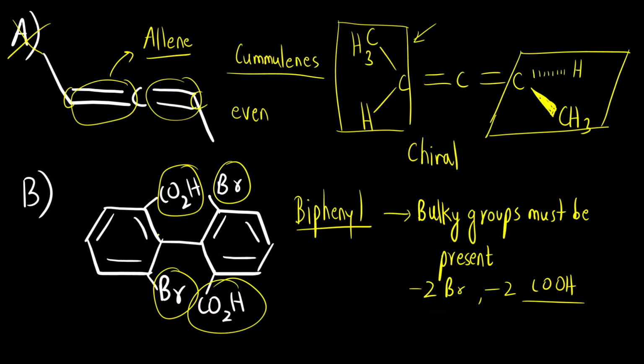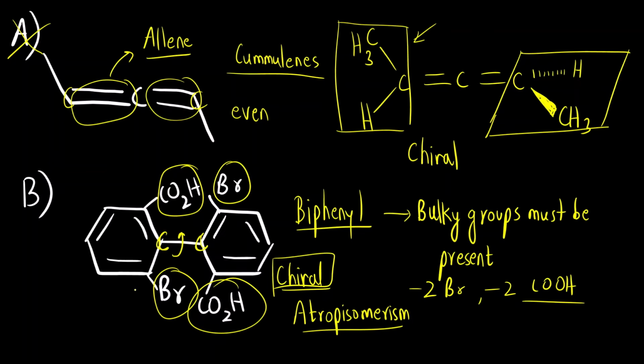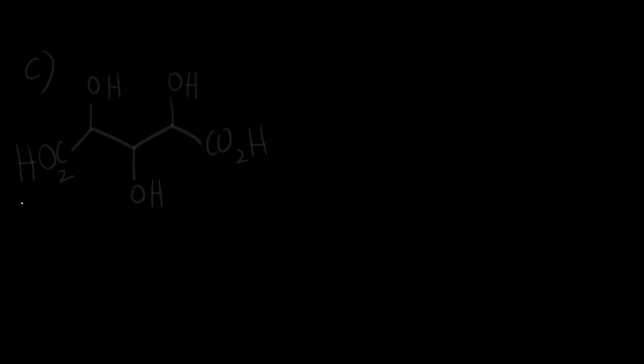That will stop the rotation across the carbon-carbon single bond and eventually it will become chiral. This phenomenon of restricted rotation across the bond is called atropisomerism, which we had seen previously. Because of atropisomerism, this is also a chiral compound, so this is also not the correct answer because the question asks which is achiral.